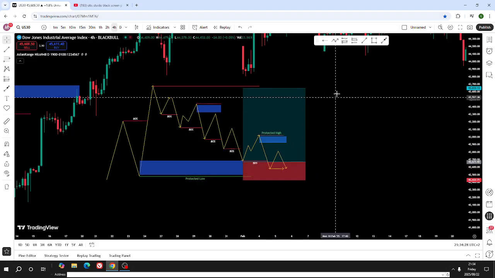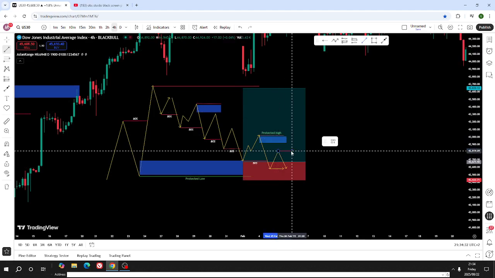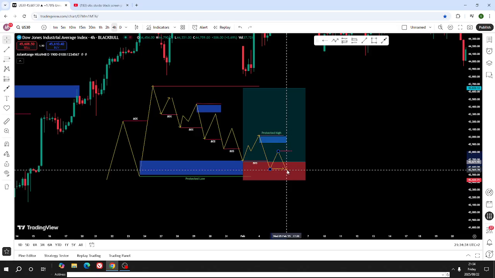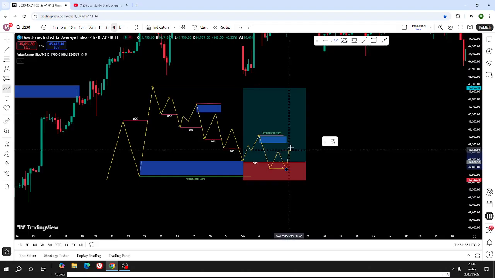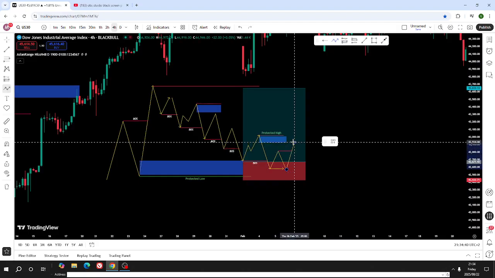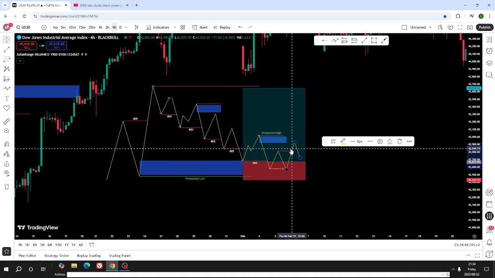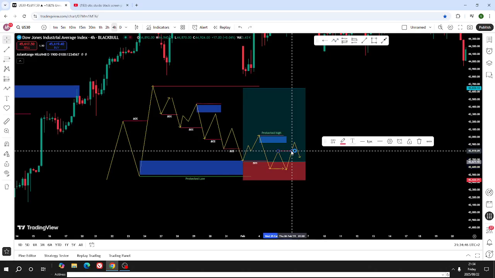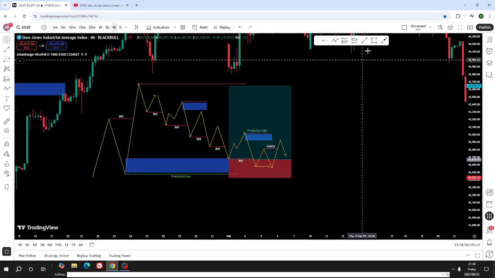Now the first high that's going to be the target is this one, right? So we see a sweep happening right over here, then we're expecting the market to push high up, tap in here, come back, right? Because here there's a change in character, an internal change in character, right?